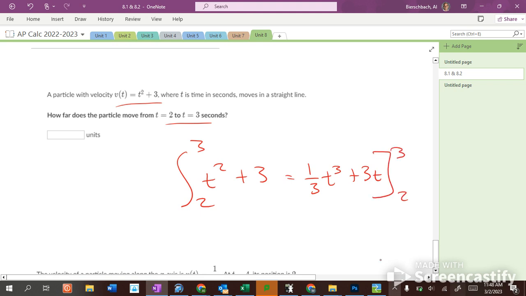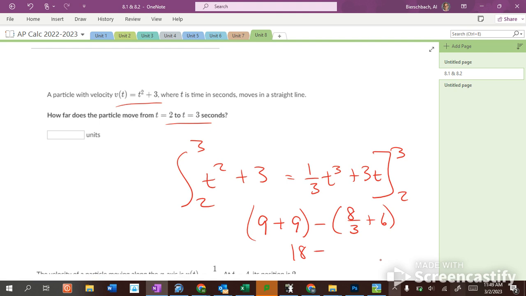So we stick in the 3. 3 cubed is 27. 1/3 of 27 is 9. Plus 9 if we stick in the 3. Minus 2 cubed is 8, divided by 3 is 8/3, plus 2 times 3 is 6. So it's 18 minus, if we make this thirds, 8/3 plus 18/3 is 24/3, right?